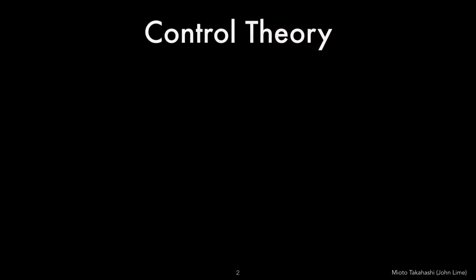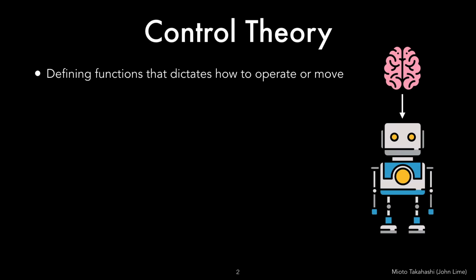This is where control theory comes in. The field of control theory focuses on defining functions that dictate how something should operate or move. It's like giving an artificial brain to a robot. With the knowledge of control theory, you can, for example, control robots.